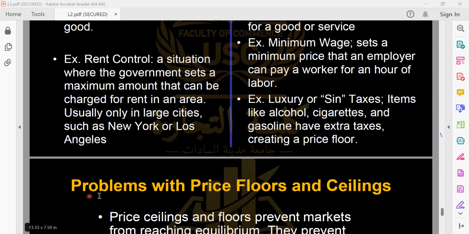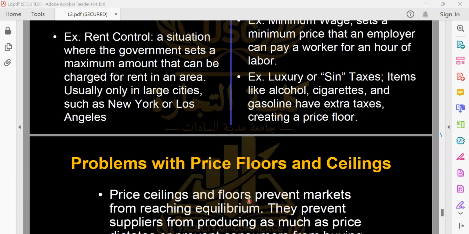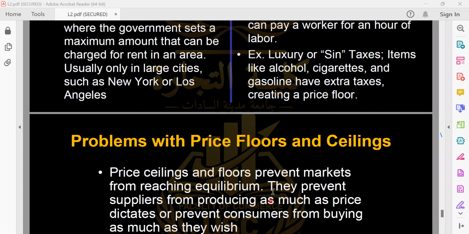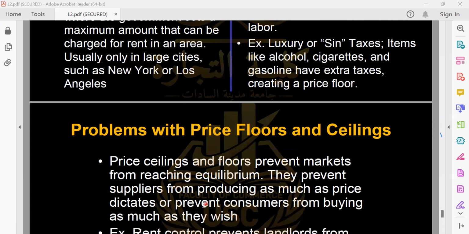We have problems with price floor and ceiling in that they prevent the market from reaching equilibrium. We prevent suppliers from producing as much as the price dictates, or prevent consumers from buying as much as they wish.